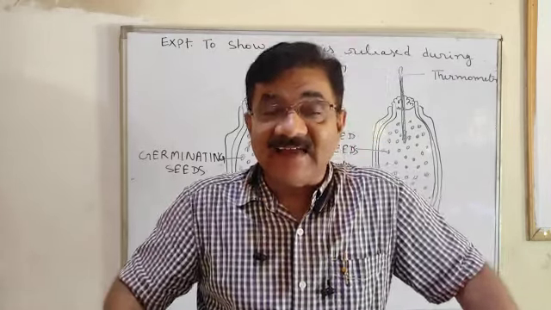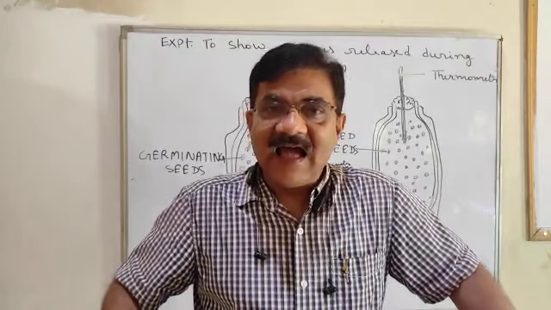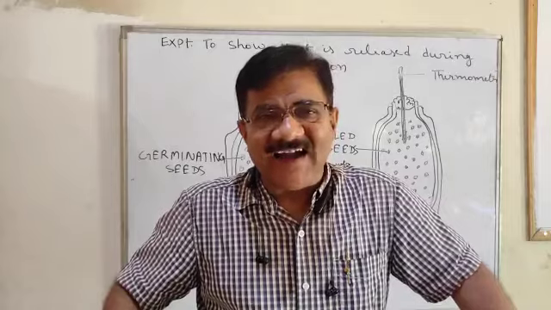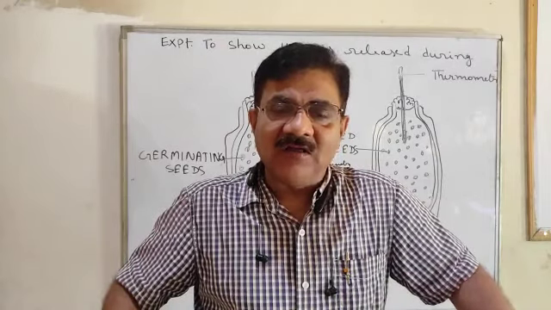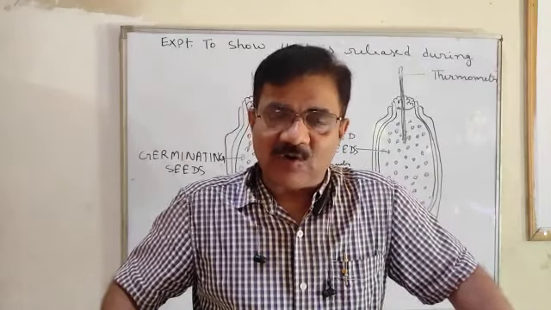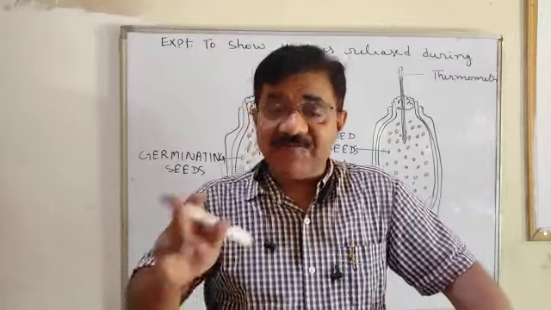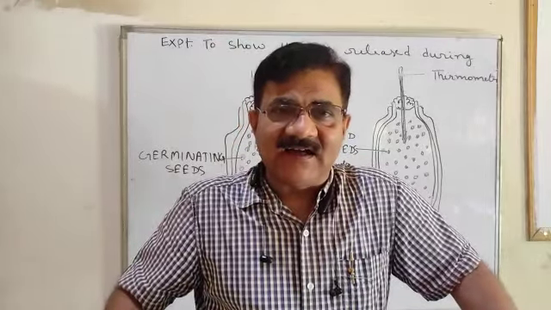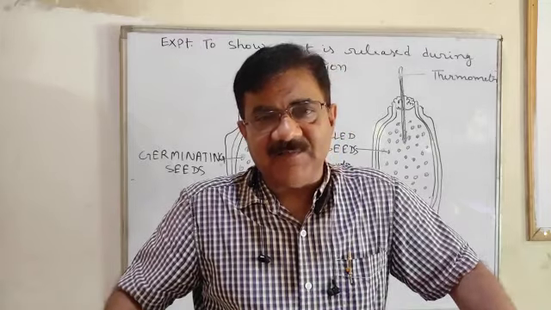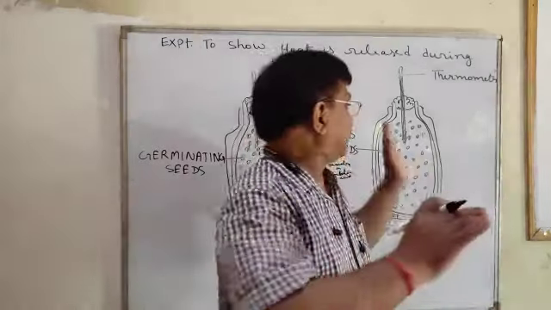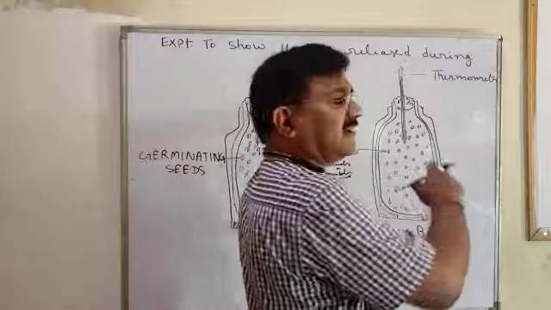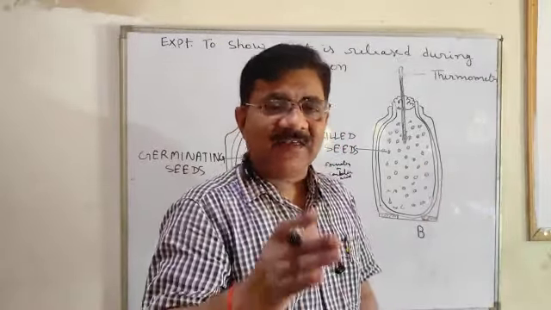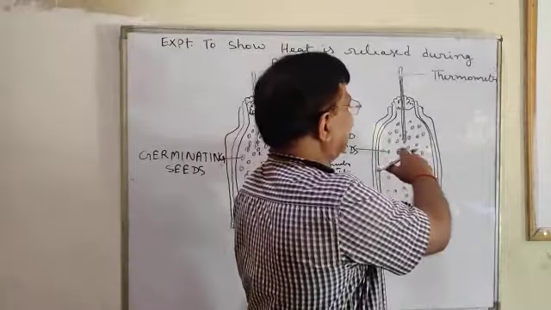Sorry, they are the antiseptics, and the seeds are treated with antiseptic to avoid bacterial growth or the growth of other microorganisms. If growth is there, then we will not get the result of the experiment. So these seeds are treated either by formalin or by carbolic acid, that is, by antiseptics.